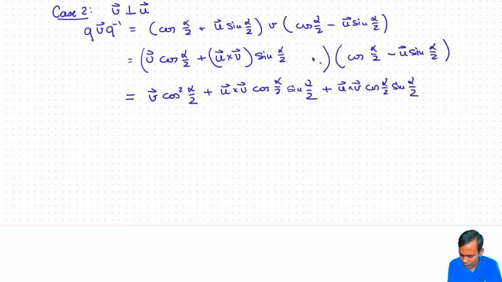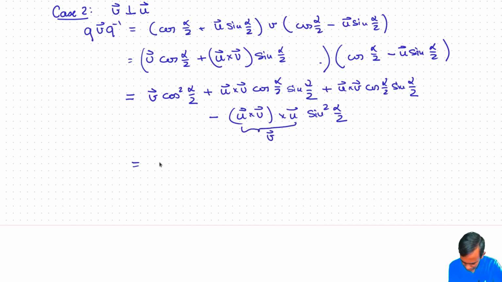See, u cross v is already perpendicular to u, so it's perpendicular to u and to v, therefore the dot term will be 0 and I'll just get minus u cross v cross u sine squared alpha by 2. But this thing over here, u cross v cross u, is actually just v.